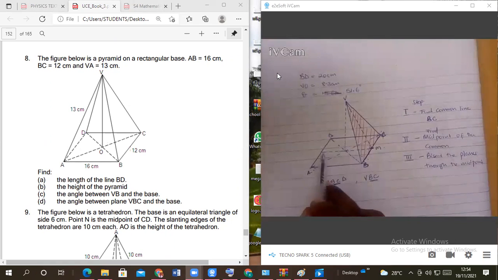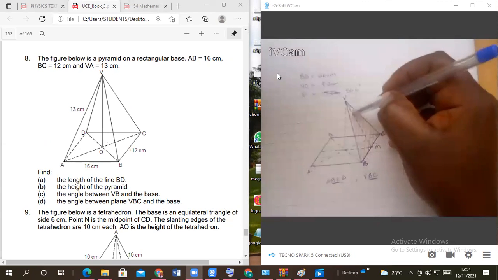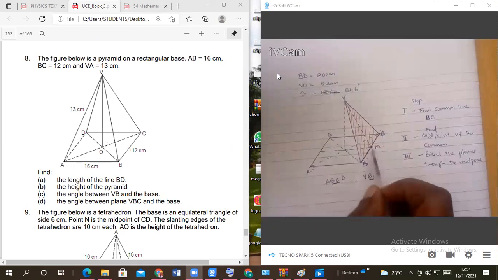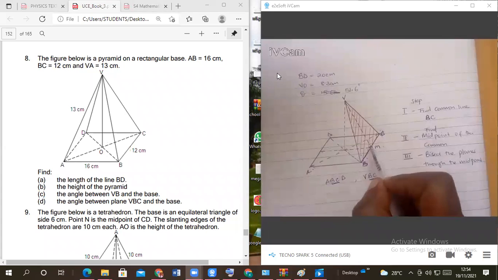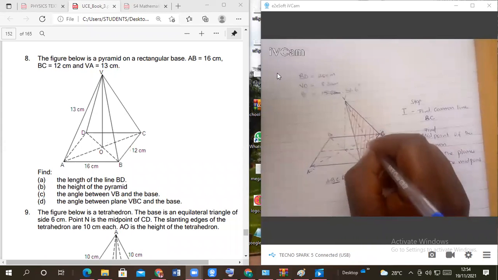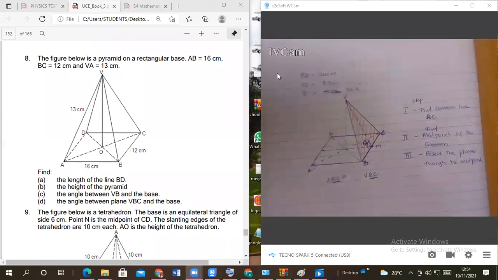So I've bisected this plane into two, but through the midpoint. And these two lines that are bisecting meet at the midpoint M, and that's where your angle is going to be. Are we together?